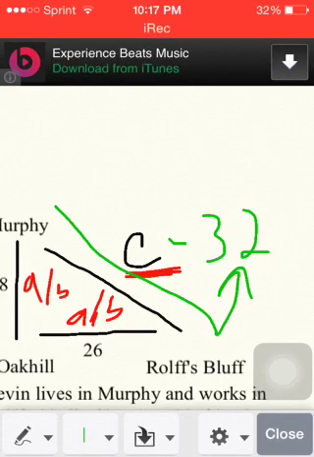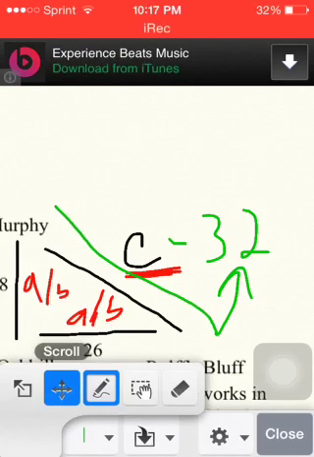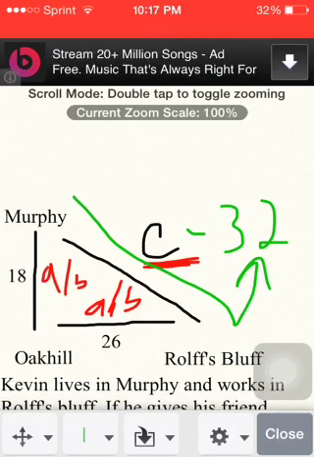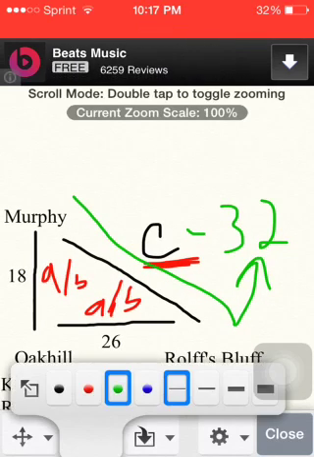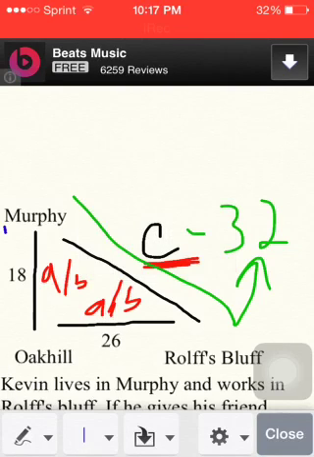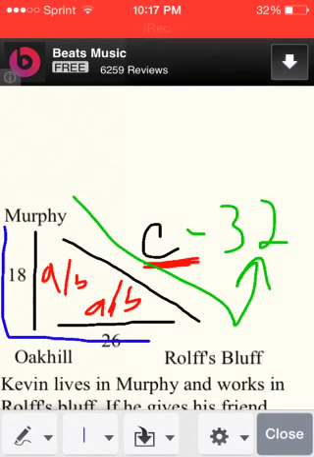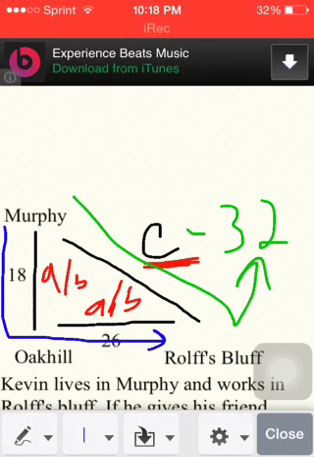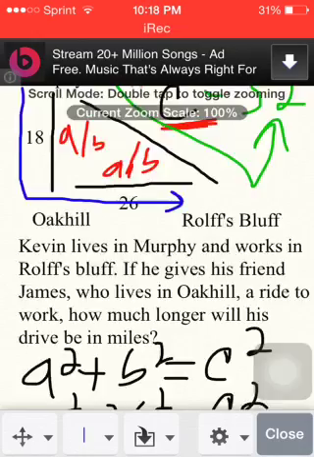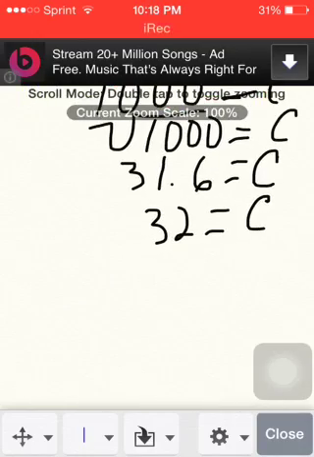Now when he picks up his buddy James, there's a difference. So he has to go 18 miles down to Oakville, then he has to go another 26 miles from Oakville to Rolf's Bluff. So we're going to scroll back down here and bring a little more space here.